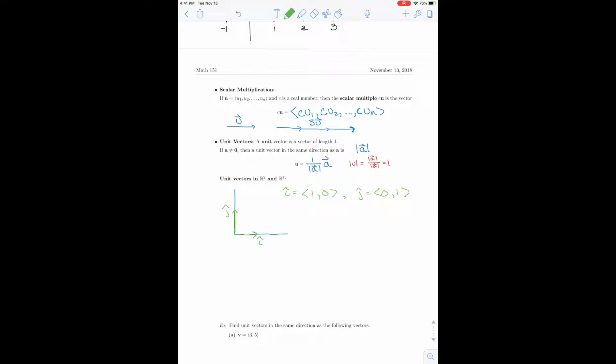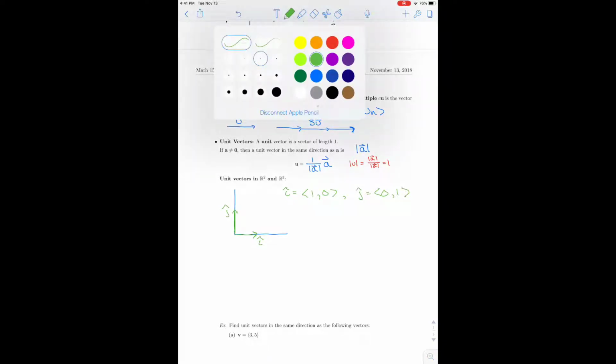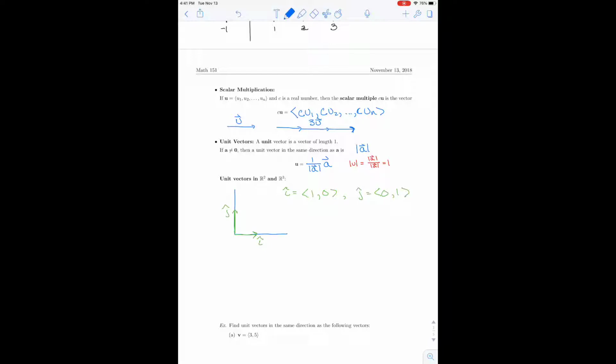Your book will use bold type with i and j to refer to those vectors, but in physics many times they put a hat over the i and the j, as I've drawn for you, to represent that i and j are vectors. These unit vectors are important because they can be used to describe a point in 2 dimensions.